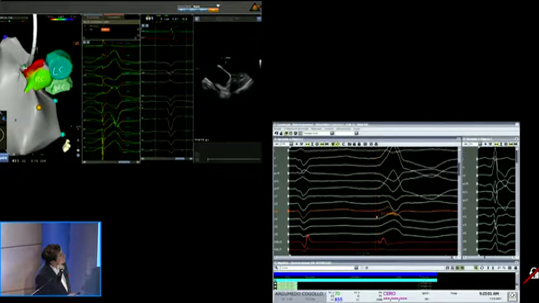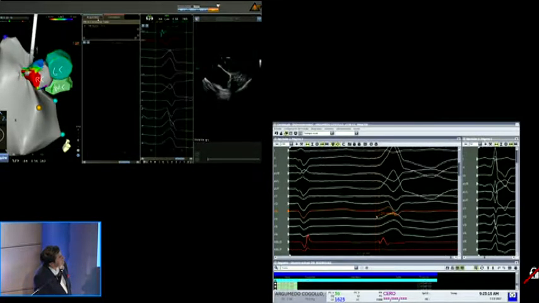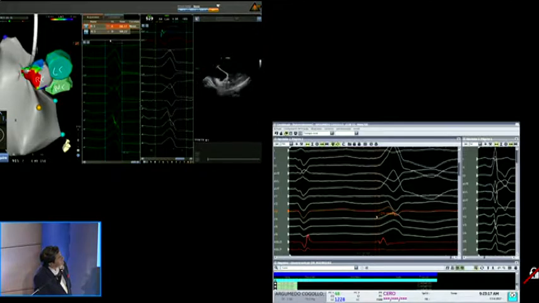Well, this is a PASO map, which was done at this site when the patient was not doing a ventricular extrasystole. So we have a PASO map of 87%. Down to the right, what you see now is the extrasystole that the patient is presenting at this point with minus 21 milliseconds.